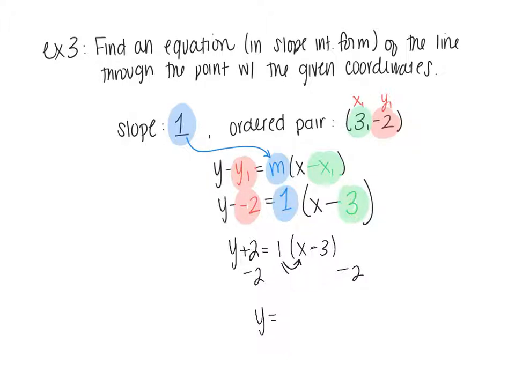Distribute this because I want to get it mx plus b, and right now it's something times parentheses something. So I'm going to have 1x, 1 times negative 3 will give me negative 3, minus 2. Combine those like terms. So my equation is y equals x minus 5. I don't need to write the 1 in front, so my answer would be y equals x minus 5.